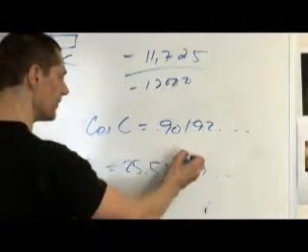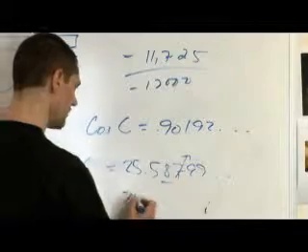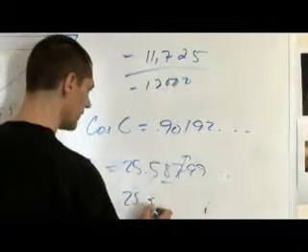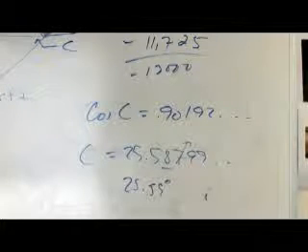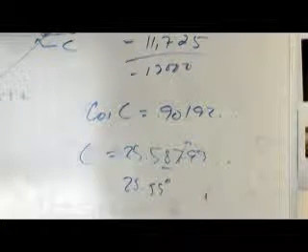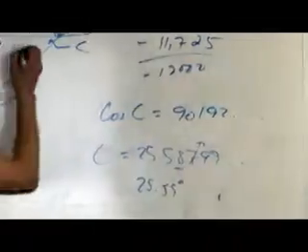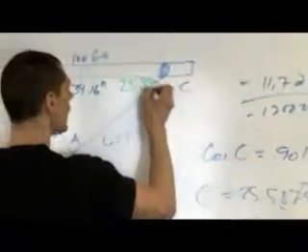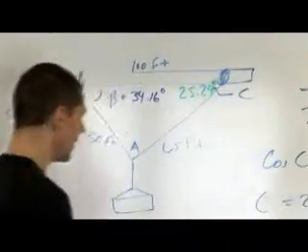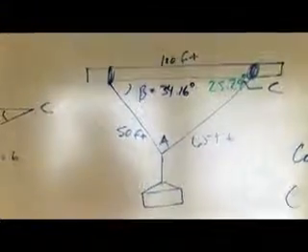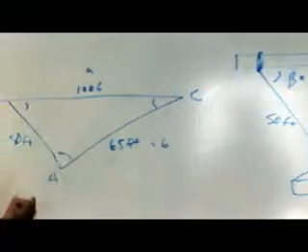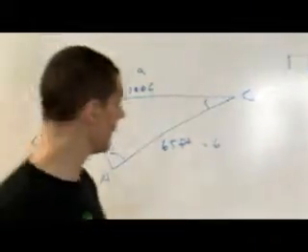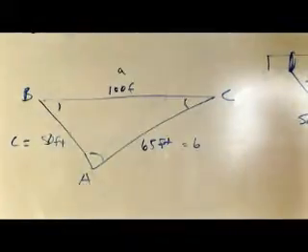This is above 5, so this is going to be 25.59 degrees. So let me write it up here. This is 25.59 degrees. Okay, so we just saw that even though we were not given any angles, as long as we were given all 3 of the sides, we could figure this out.